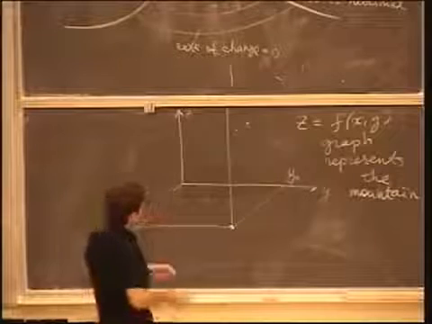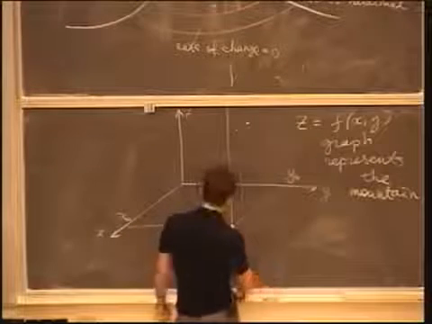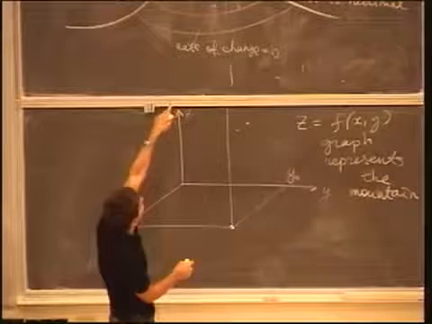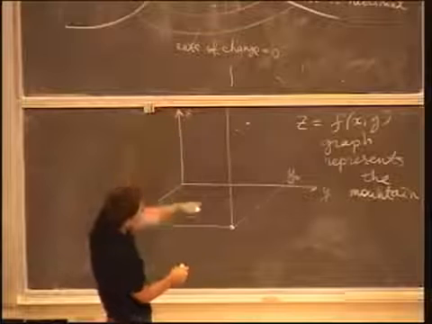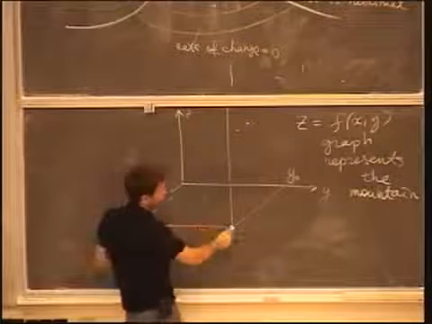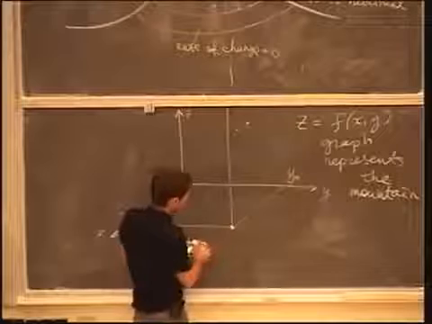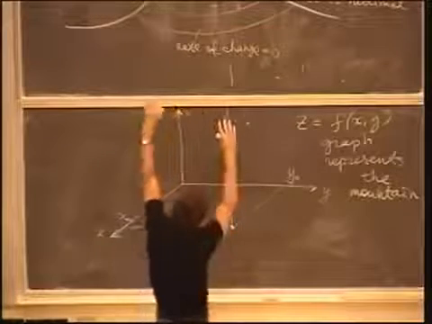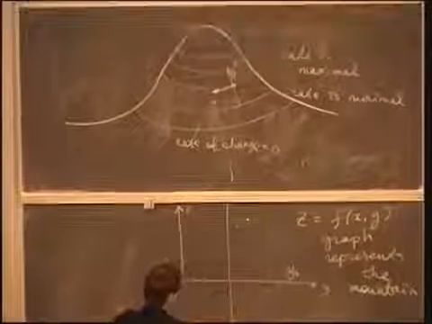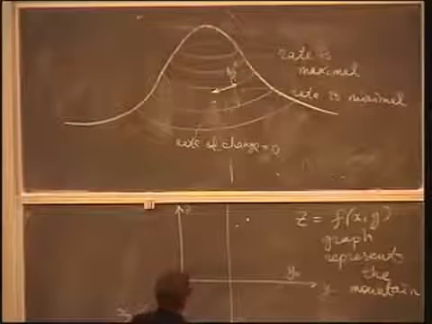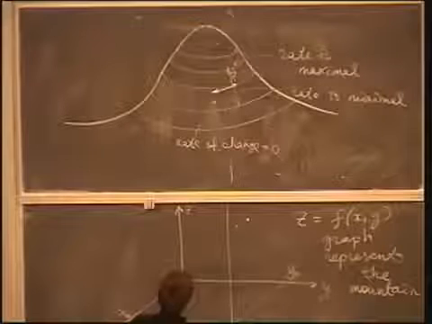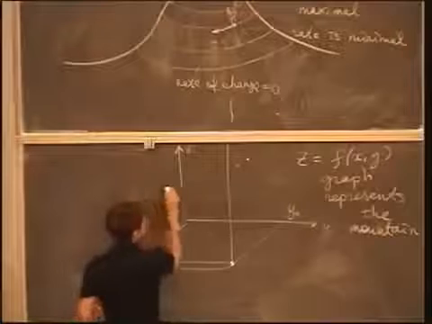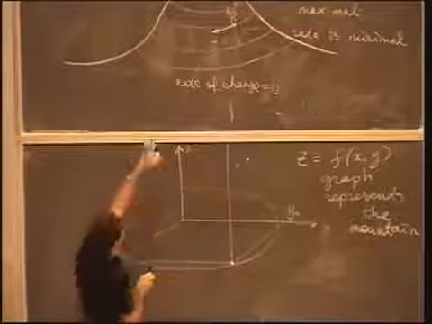Okay, and so now when we talk about the direction, we can think about the direction as being the direction on the mountain, but we can also think about the direction as being the direction on the xy plane. And so, in other words, what we can do is drop the level curve down here, and it's not going to look exactly the same because I have kind of magnified the picture compared to the picture there.